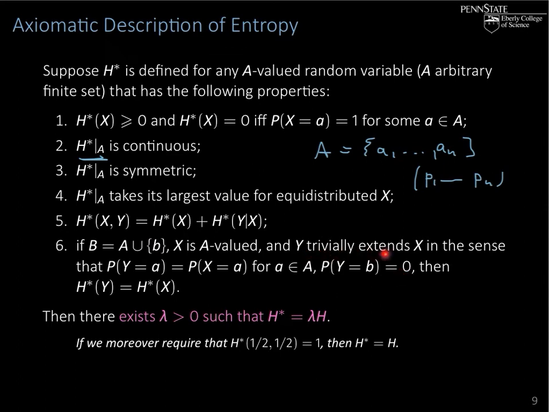In this sense, it trivially extends x. Then we don't change the entropy. This new random variable has the same H star value that x had.